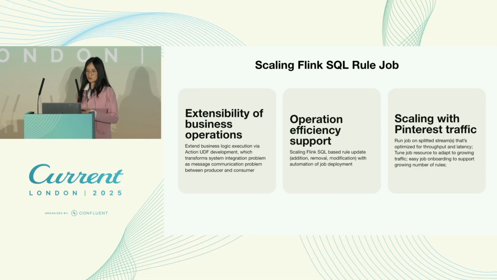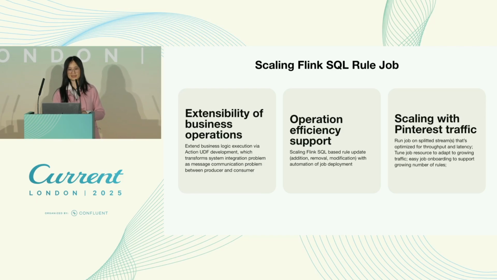In other words, the system integration problem has been transformed into a simple message communication problem in the Guardian setup. From the operation perspective, we developed a Guardian Flink SQL rule deployment system that could handle rule addition, removal, and update automatically. It ensures rule activation could be done with a few minutes delay, and it significantly reduces operational overhead for all our users.